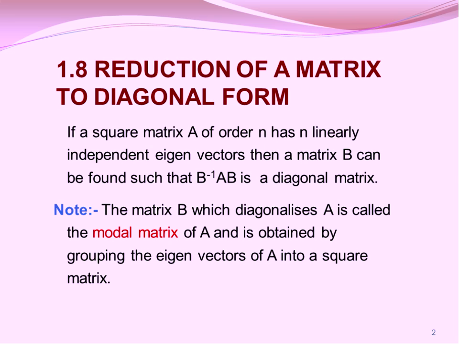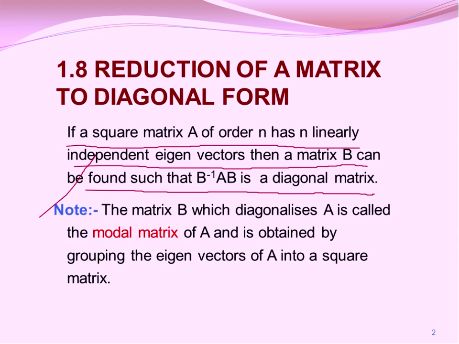As we discussed in the face-to-face class, there is a procedure to convert a matrix into a diagonal form. A square matrix A of order n has n linearly independent eigenvectors. Then a matrix B can be found such that B inverse AB is a diagonal matrix. This is the definition.